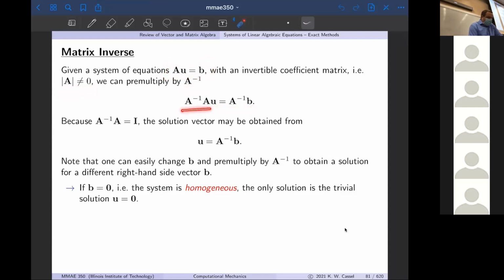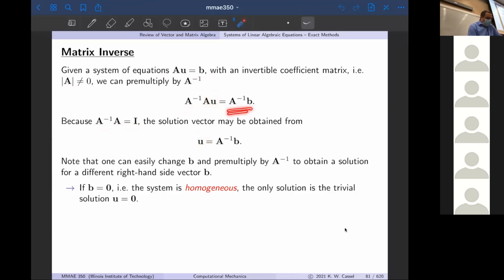Now, the inverse of A times A, by definition, that's just the identity matrix. So it's not, but it's kind of like canceling the A by dividing by A. There is no matrix division, but this is the generalization of it. So you multiply by the inverse, A inverse times A is I. So now on the left-hand side, I just have U, which is what I'm looking for. That's the solution I'm looking for.